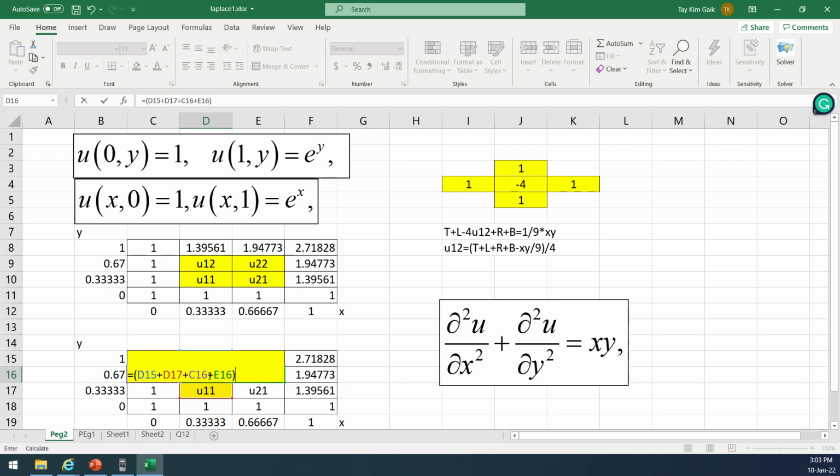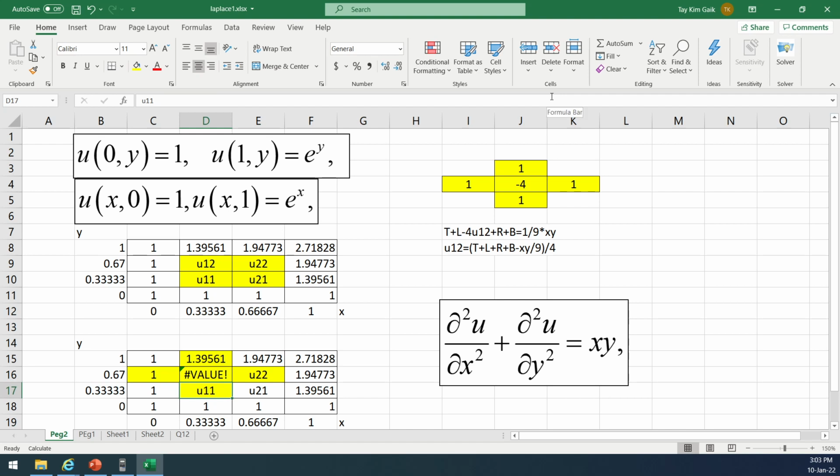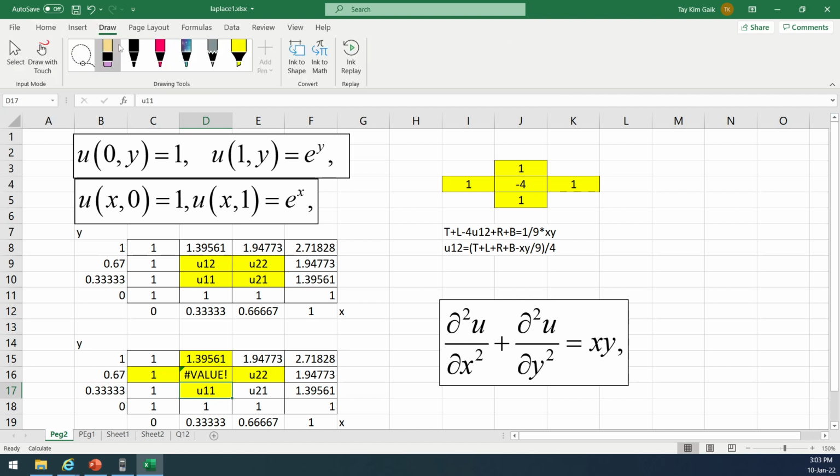If you are confused, let me draw. If this cell is D16, then this is C16, this is E16, this is D15, this is D17.